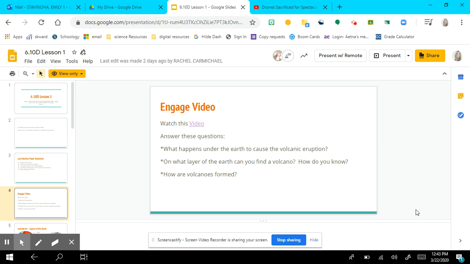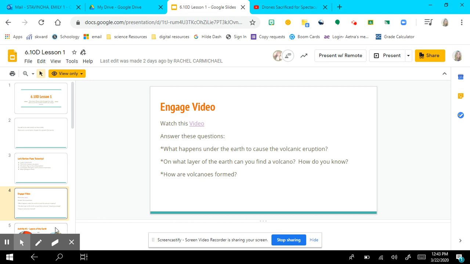Think about in the video when they showed the reconstruction, the technology they used to recreate that volcano on the computer. Think about what layer of earth this volcano is found. And how are volcanoes formed? Think about that, write it down. You can pause this video at any time to do that, and so forth.